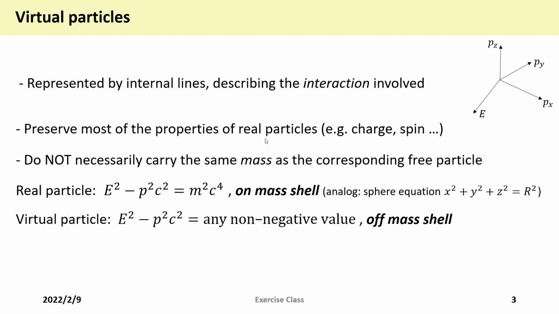But for virtual photons, it's also spin 1, but because it has mass, you will have the complete 3 polarizations. So the spin is also the same for real particles and virtual particles.